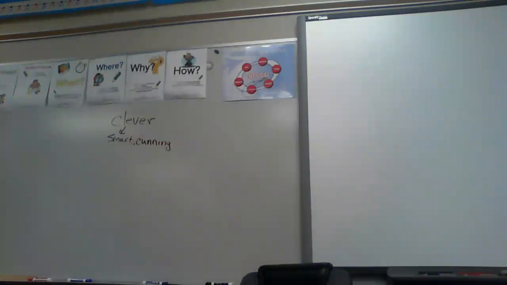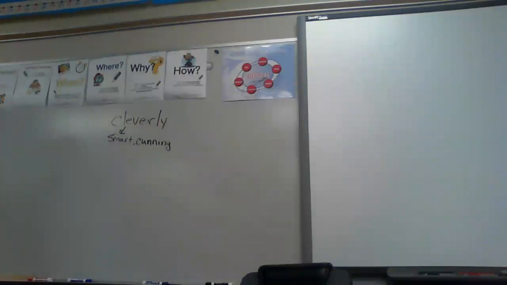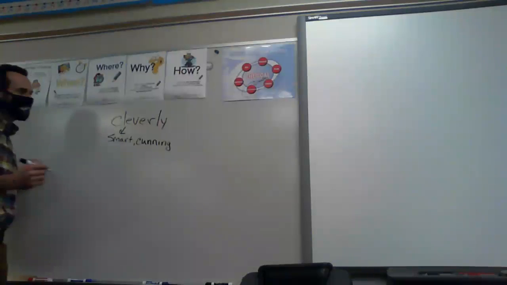Cunning is kind of a way of saying smart but yet tricky, right? Kind of combines those. So if you do something cleverly, you're doing it in a smart and cunning way. So if you wanted to trick someone, you might have to do it cleverly so that they don't suspect anything, right?